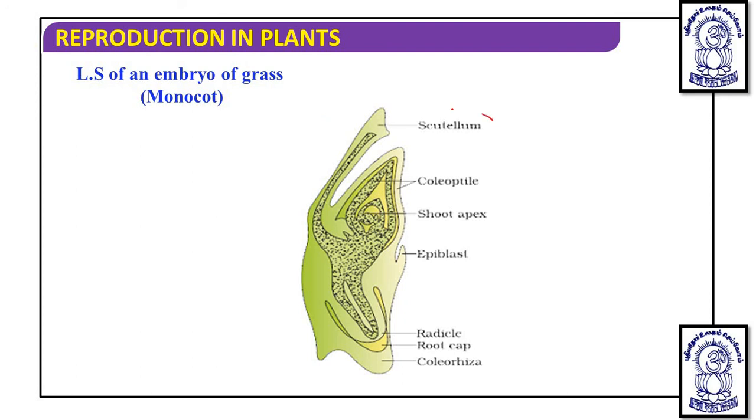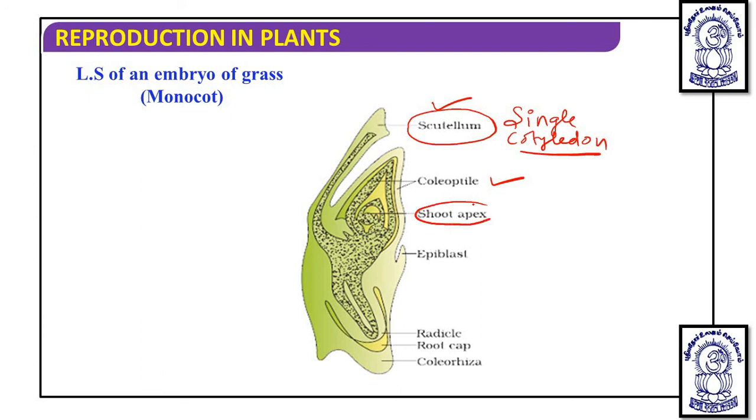This is the scutellum, that is the single cotyledon. This is the coleoptile, which is the protective covering of the shoot apex. And here at the bottom you can see this is the radicle, and this radicle is covered by the root cap, and here the coleorhiza is a protective covering of the root cap or radicle. Here you have seen this is the scutellum, the single cotyledon, and this is the epiblast.